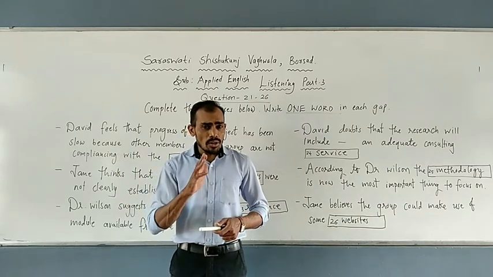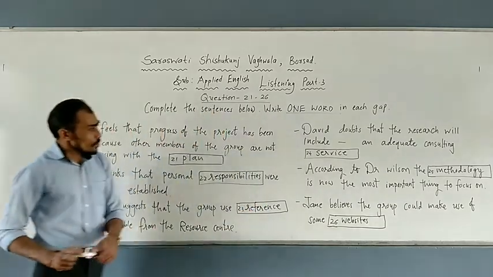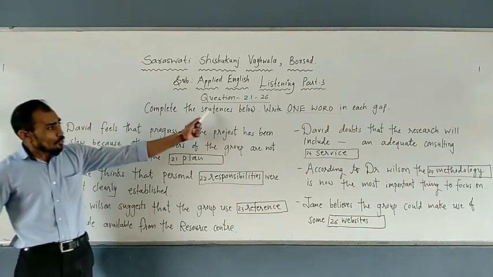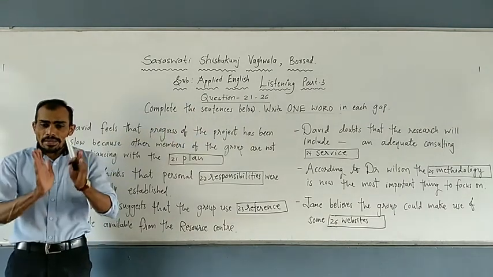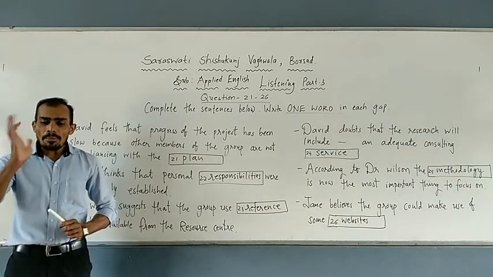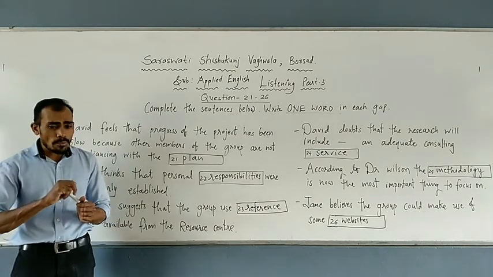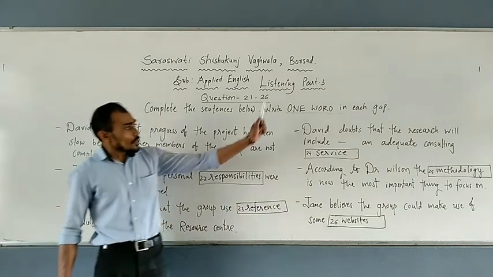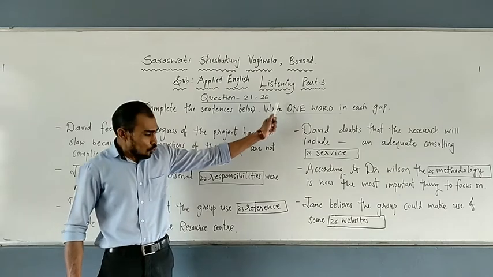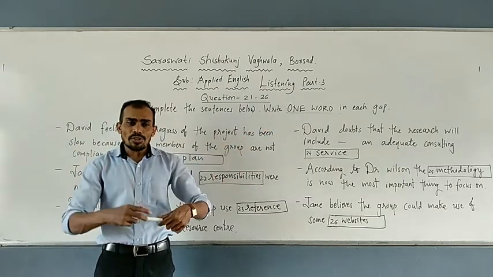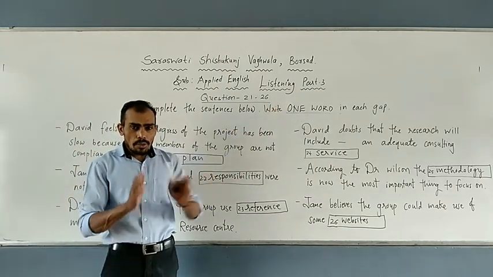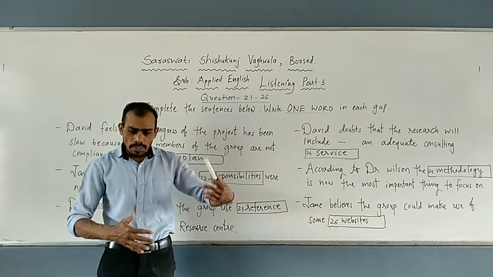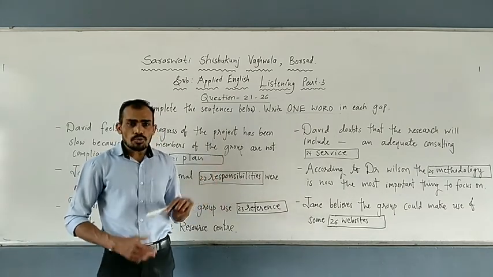Now students, we have completed questions number 21 to 26, and the rest of the questions, students, I am going to write. What are the questions that I am going to write? That is question number 27 to 30. There are total 10 questions in part 3. Now the remaining questions 27 to 30 I am going to write on the board, students.